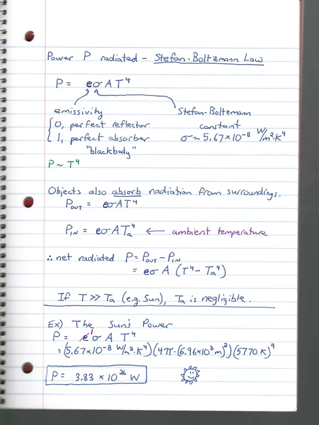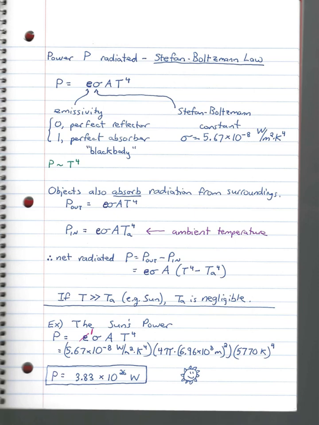The net power radiated depends on the difference in temperature between the object and the ambient temperature. If the object is at a hotter temperature than its surroundings, power will radiate outward. If it's cooler, power will radiate inward. And that goes back to the basic law that heat always flows naturally from high temperature to low temperature.